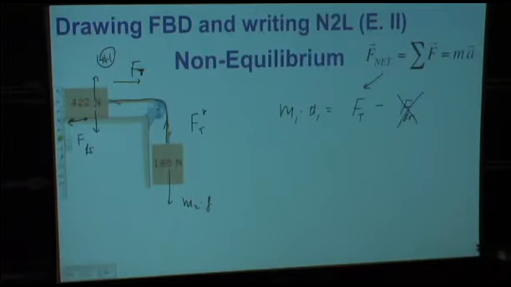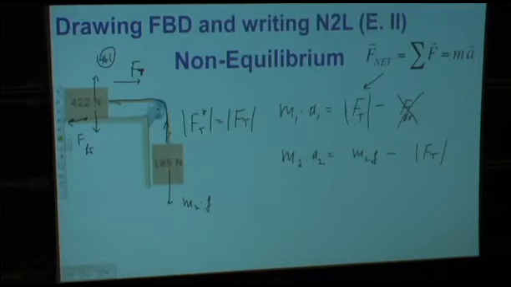However, that's a string which can't be stretched, and normally we neglect its mass. So it's easy to prove that this magnitude will be equal to that magnitude. So m2 times a2 will be equal to gravity minus the magnitude of the tension force.